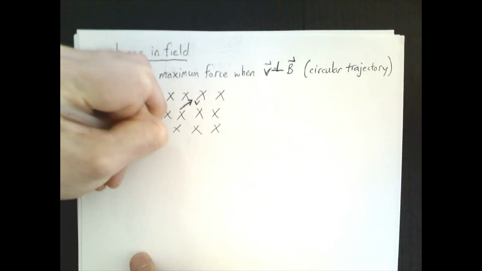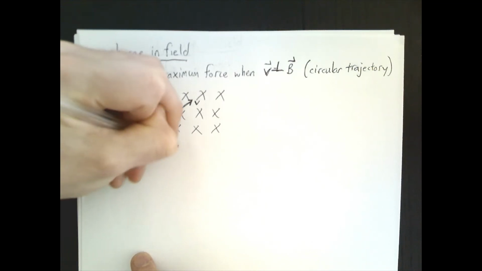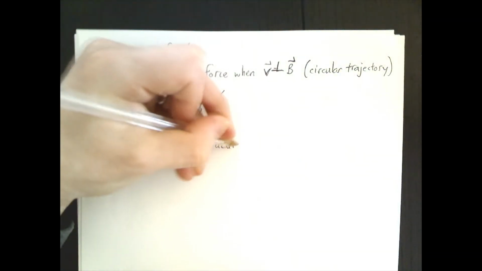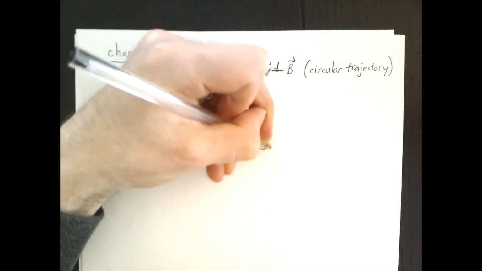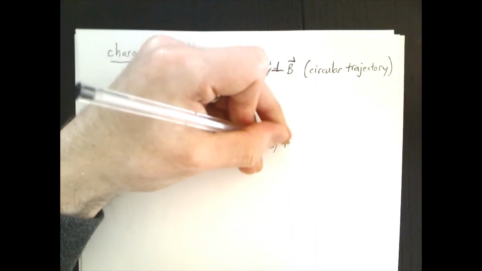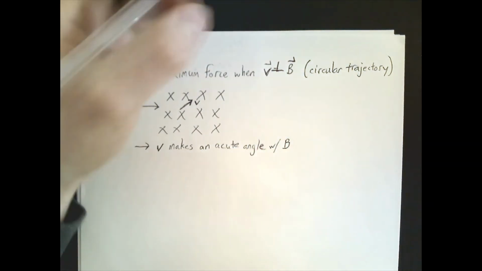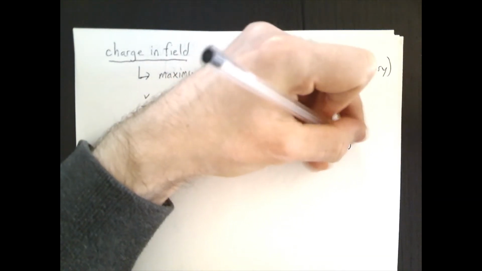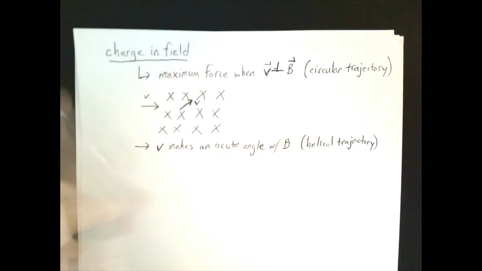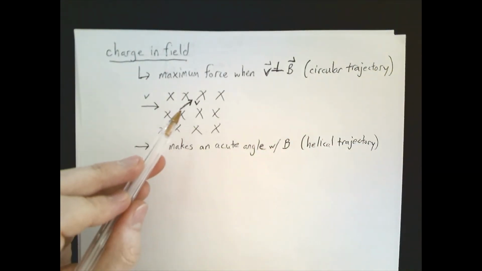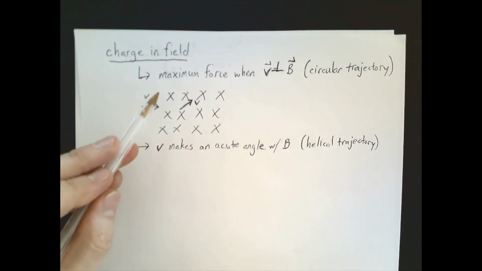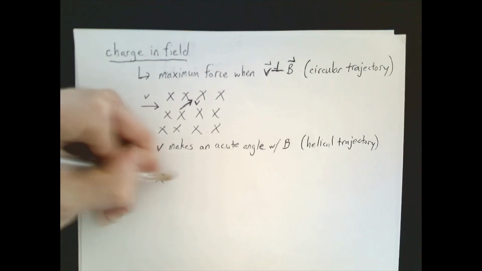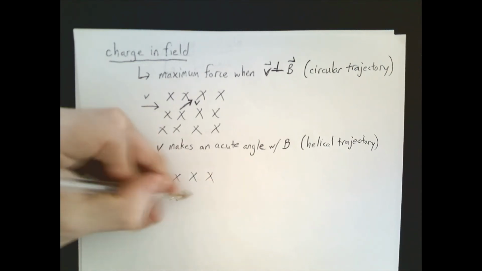If V makes an angle that's not 90 degrees, let's say an acute angle with B, then we get a helical trajectory. It's still going to move in a circle, but there is a component that the magnetic field does not act on.